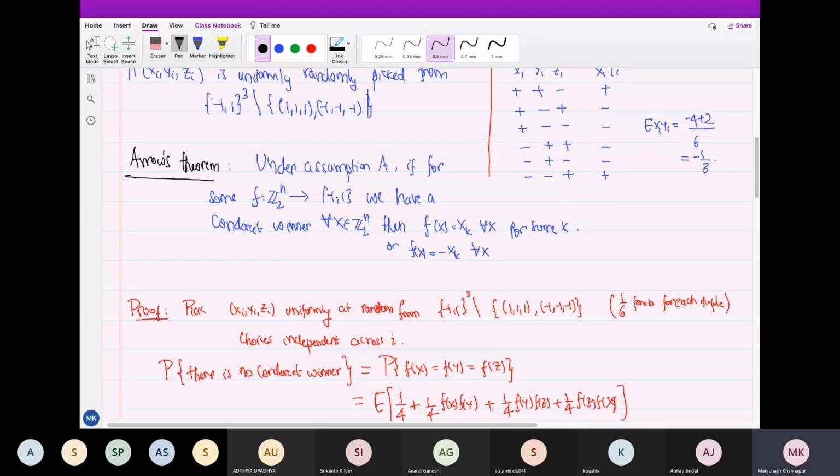Let me repeat that again. This is saying that if you want a Condorcet winner always, then you have to go for dictators, which we don't want. But if we are willing to give up a small probability and we want a Condorcet winner to exist only with probability 0.99, can I find a different Boolean function which is much more equitable and achieves this, possibly?